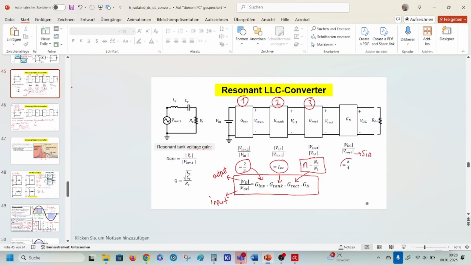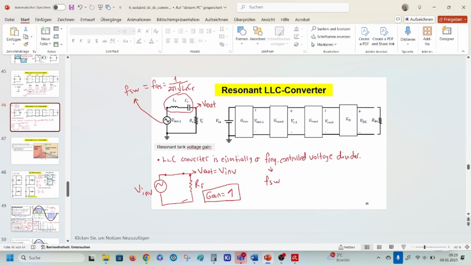This is just the coefficient of the formula. And we put it here, and the whole gain is available now.